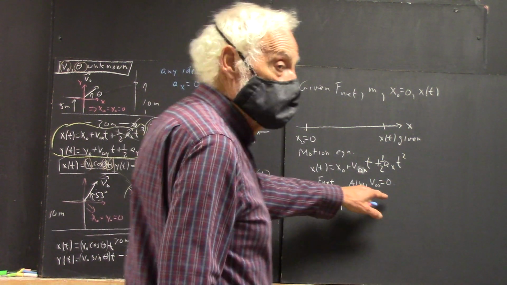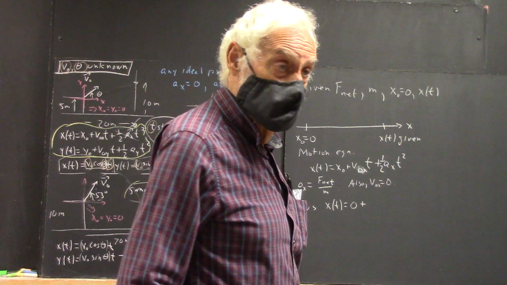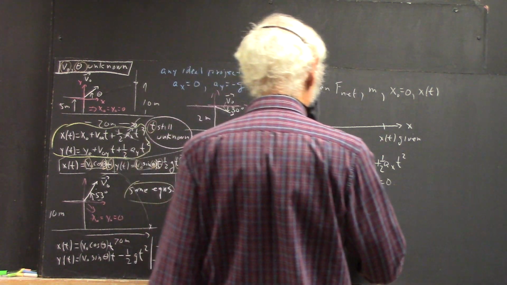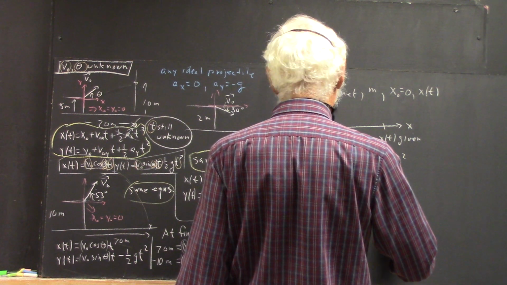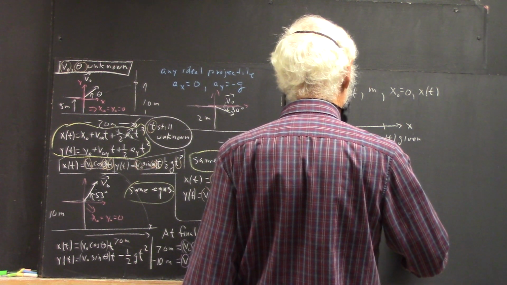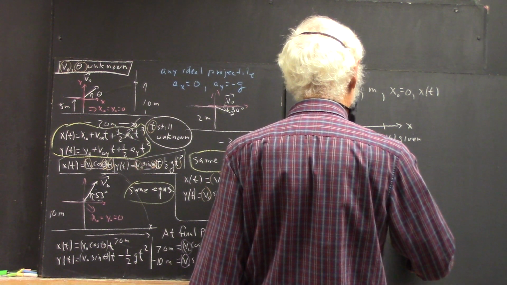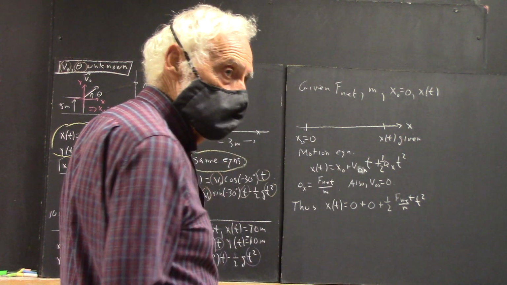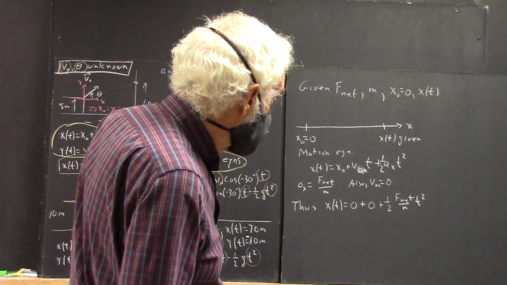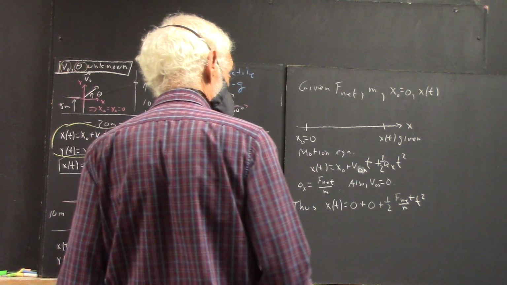And we're starting from rest in the first question, so v naught is 0. Okay, so we can get t.